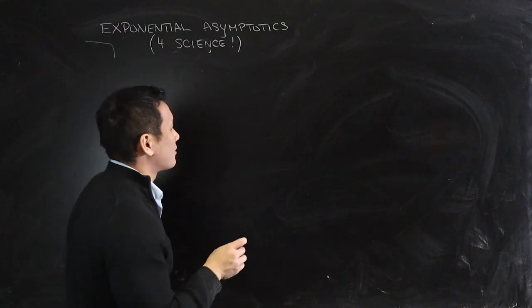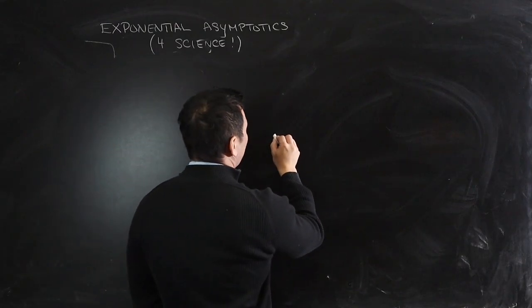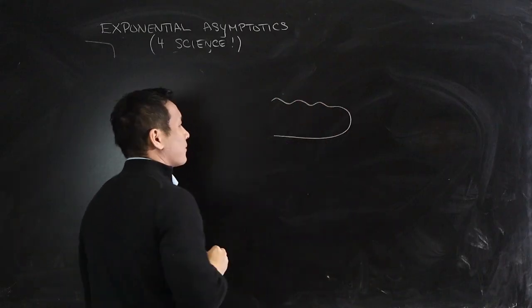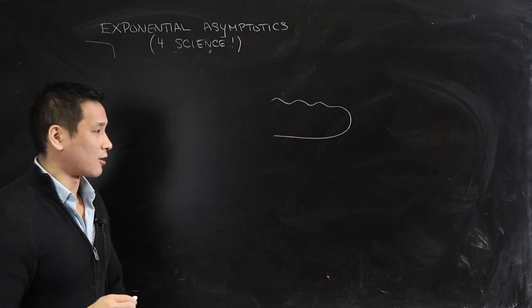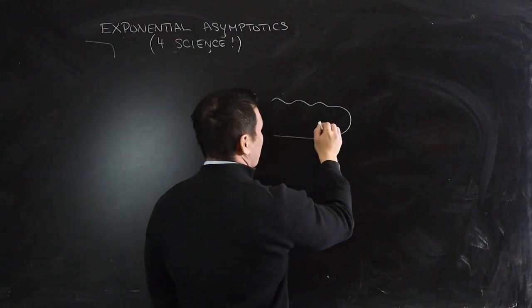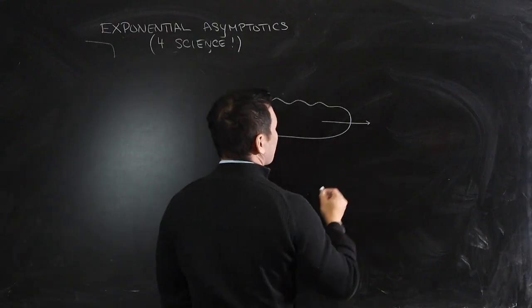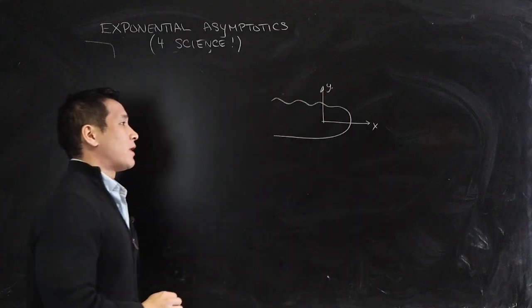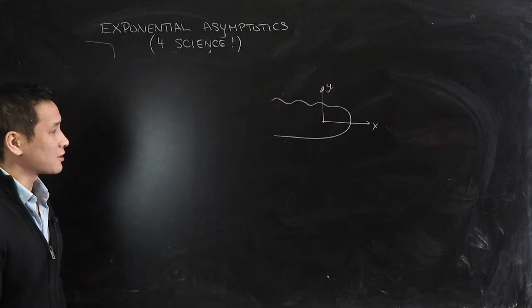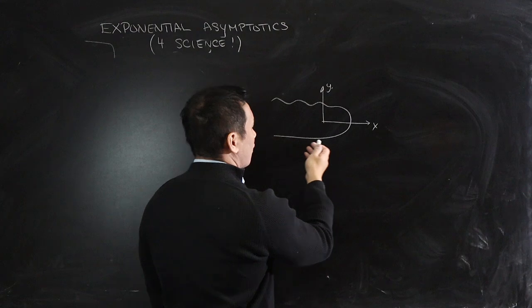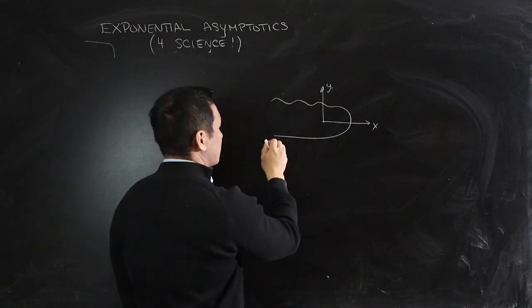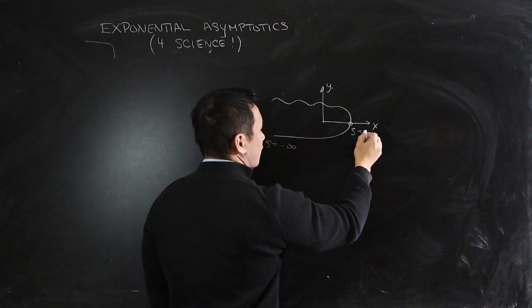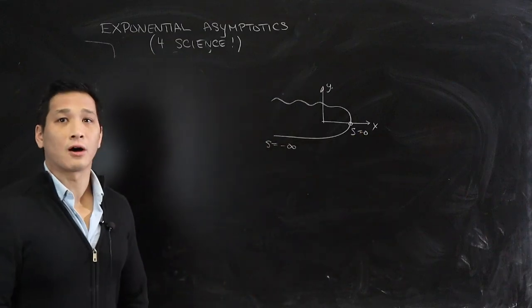Now, I want to end with two comments. So the first comment is that if you were to interpret the solution in our exponential asymptotics in the way that we've done it here, then our exponential asymptotics are saying that if you were to move along from s equal to minus infinity, as you cross s equal to 0 here, you're necessarily switching on this exponential.